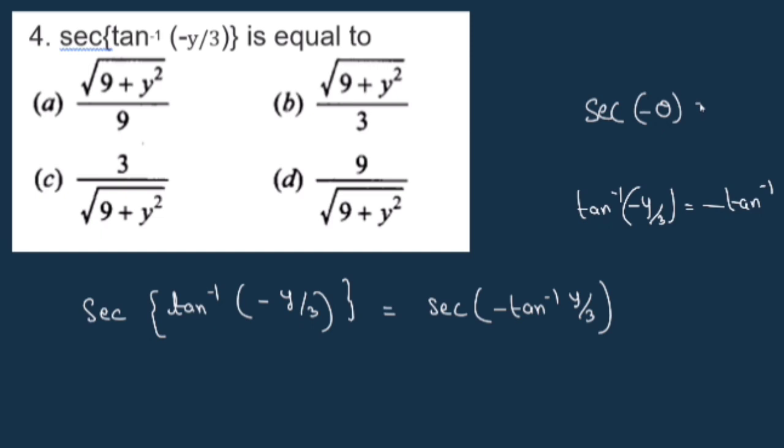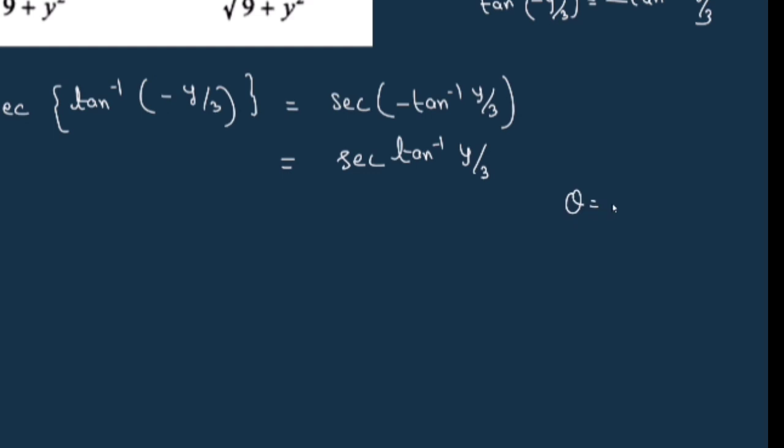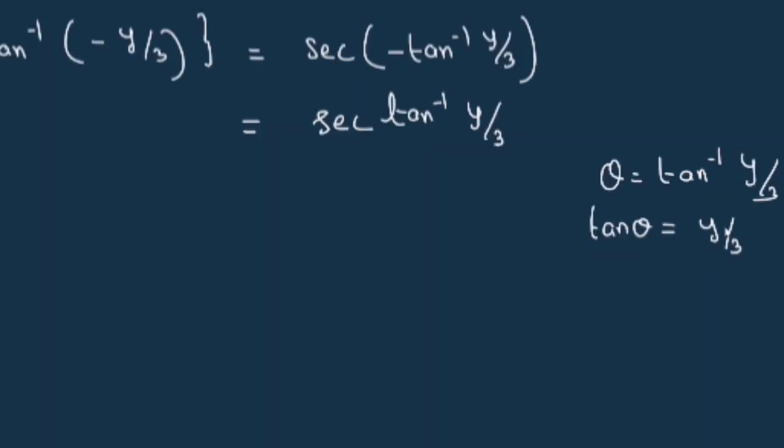Secant of minus theta is secant theta, right? It is an even function. So secant of minus theta becomes secant of tan inverse of y by 3. Let theta be tan inverse y by 3. So tan theta is equal to y by 3.